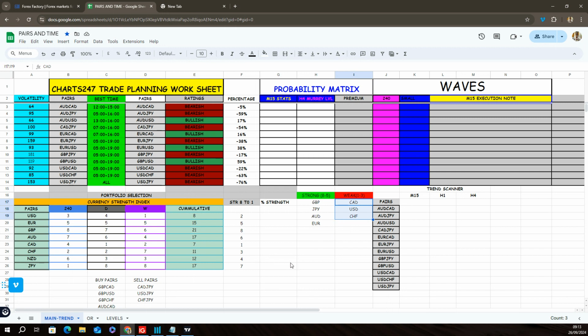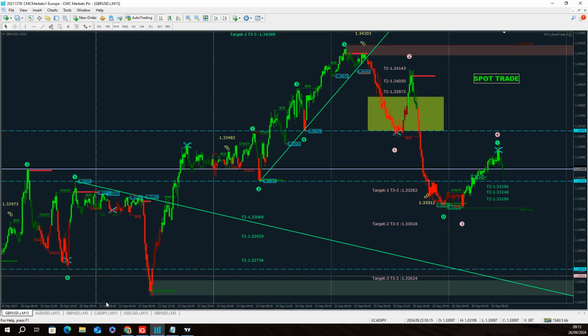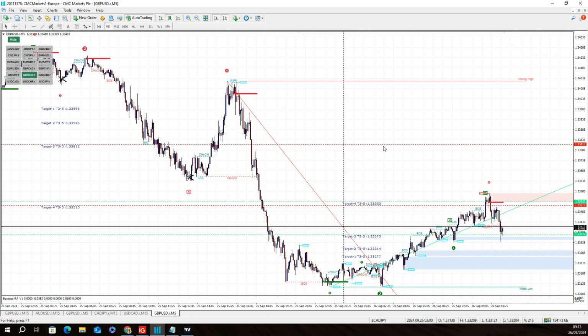That way we can call that a high probability trade, and we take the trades in that direction. That type of trade we can leave for hours, even days, depending on the strength of the trend. But when we have everything opposing each other, but we still want to trade, that is when we take the spot trade. I hope that is clear.